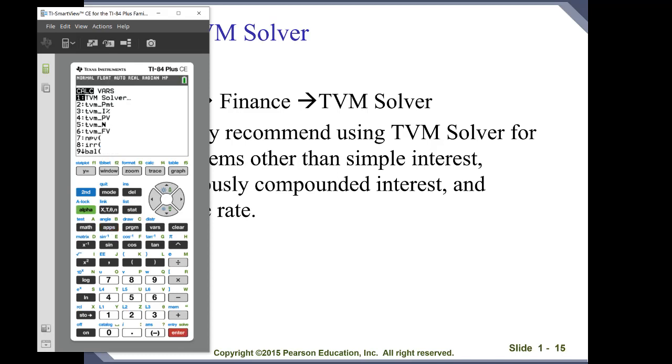And then here, you see I have a nice long list of things. Later on, we're going to use one other function in this list, but for right now, we're only going to use the first one, the one that says TVM Solver, which is selected by default, so I'm going to hit enter. And then I see this screen. This screen looks complicated the first few times you use it.